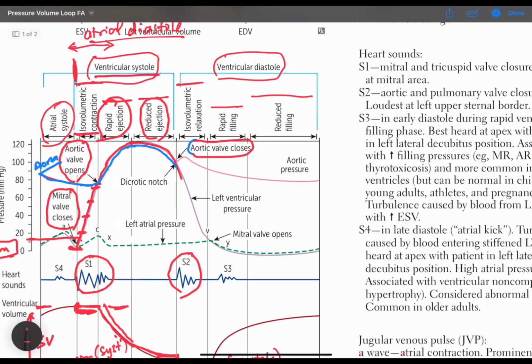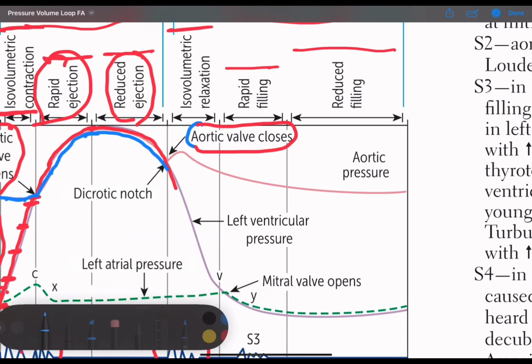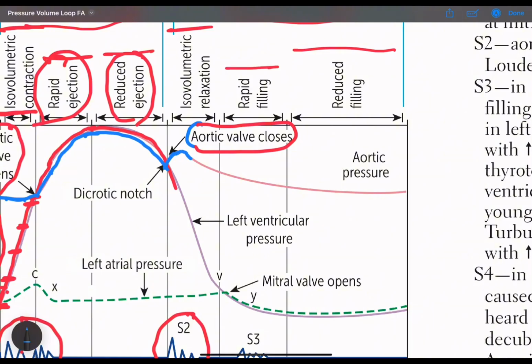Then we have a notch forming in the aortic pressure changes. This specific notch formation is known as the dicrotic notch. This is due to the regurgitation of blood within the aorta after the closure of the aortic valve, which generates this notch known as the dicrotic notch.